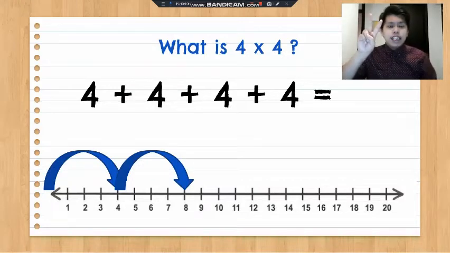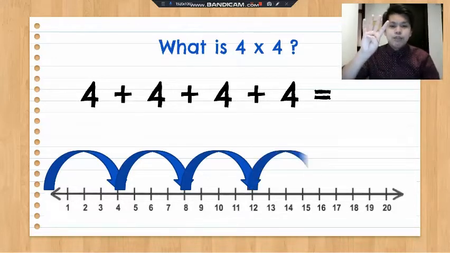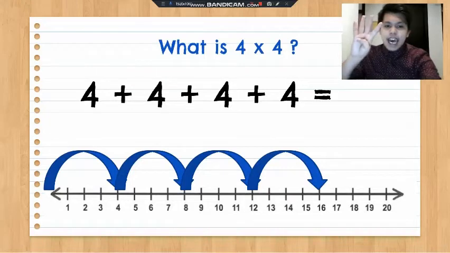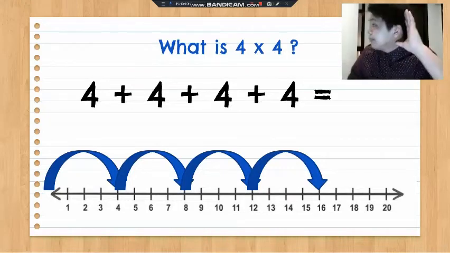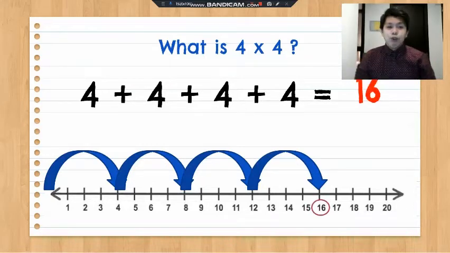Let's continue counting. 9, 10, 11, 12. That is the third one. And the last one, 13, 14, 15, 16. That is the fourth one. We stopped at number 16. So the correct answer is 16. 4 times 4, or 4 plus 4 plus 4 plus 4, is 16.